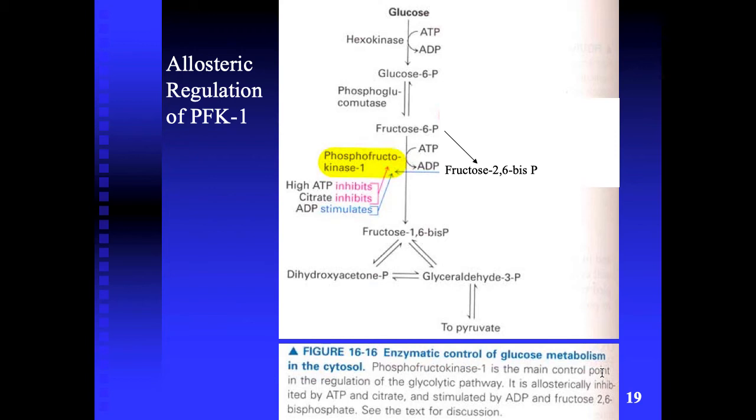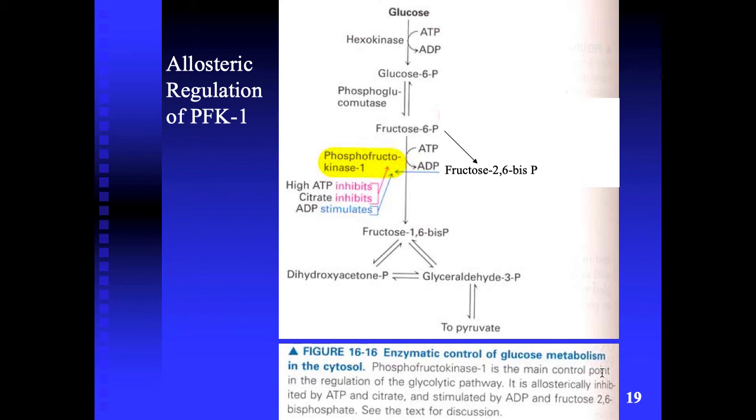So here's where it's a little bit different than the other ones. Let's imagine glycolysis is starting to go fast and fructose 6-phosphate is beginning to accumulate. This enzyme has a way of feeding forward. So as fructose 6-phosphate goes up, some of it becomes fructose 2,6-bisphosphate. And that stimulates PFK1 activity. Let me say that again.